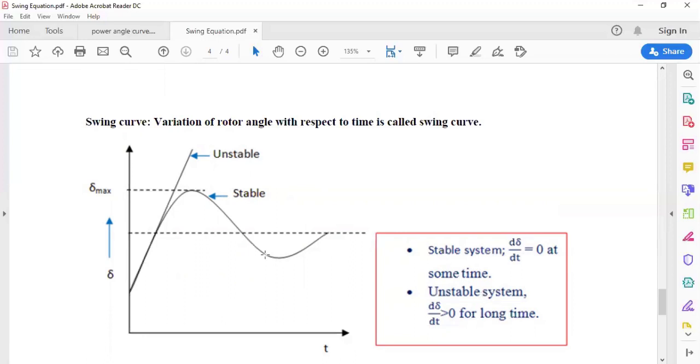For an unstable system, the d delta dt, the change in delta with respect to time, will be greater than 0. With respect to time it will change and change. So that will be the unstable system. So that's all we have discussed in the class. So this I am doing for you, go through it.